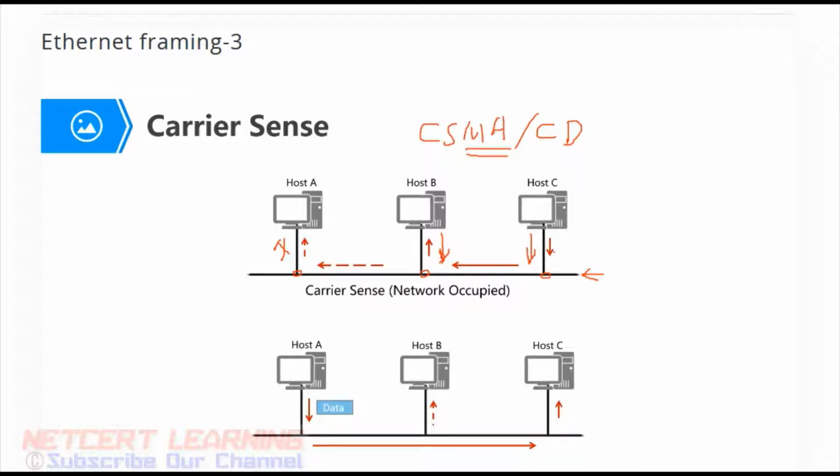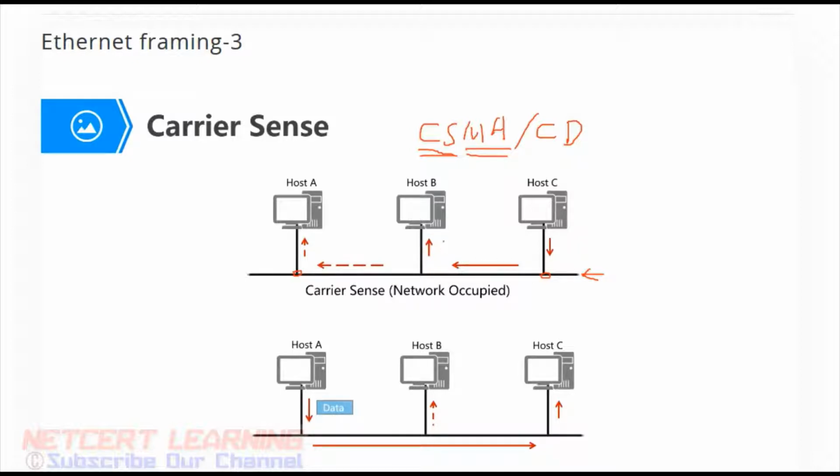Many devices will use the same media. This is multi-access. Then carrier sense is the mechanism that says when computer C wants to send data onto this media, it should first listen to the media.